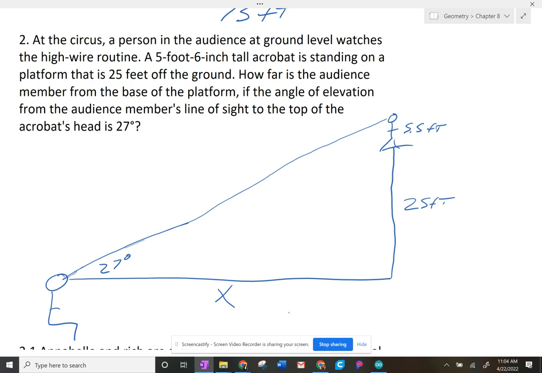How tall is this platform with the person? How'd you get 30.5? You're right. Yeah, just add them together. So 30.5 is my height. I have my variable of x. I have 27 degrees. Which one am I going to use? Sine, cosine, tangent.